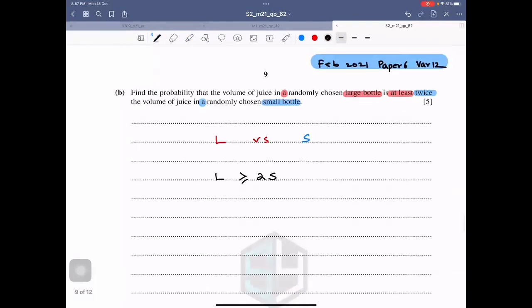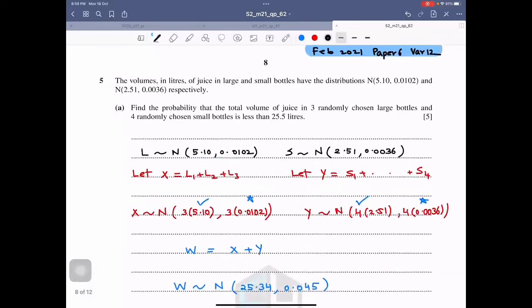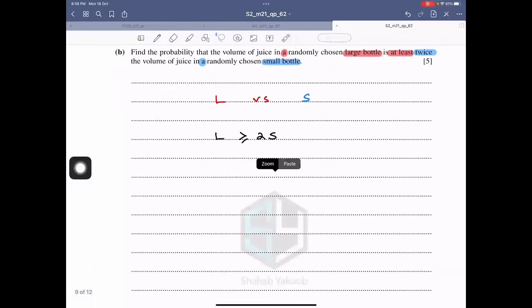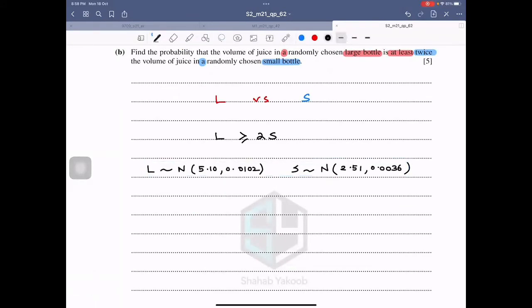Therefore, if I copy paste these first 2 statements, let me grab this. And if I paste it over here, I need one more thing, that is 2S follows a normal distribution, 2 times 2.51 and 2 squared times 0.0036.